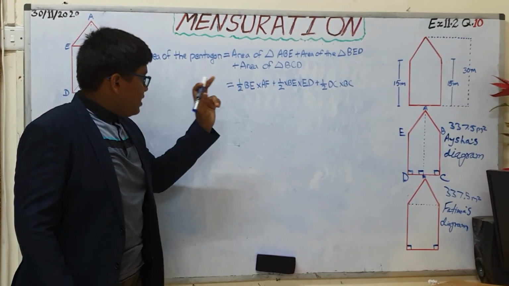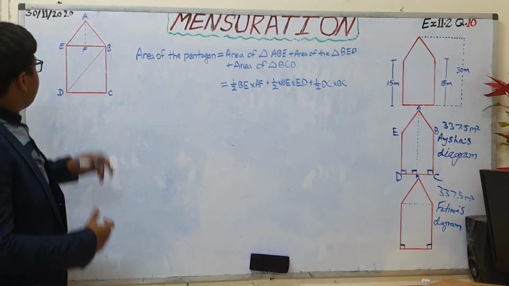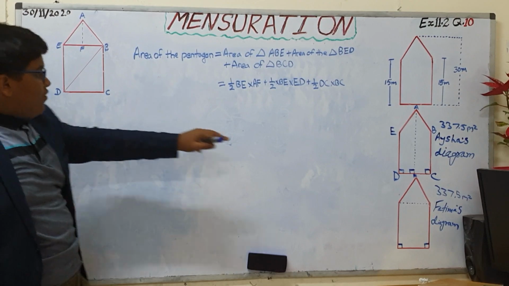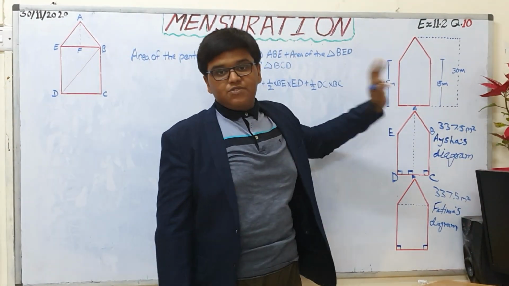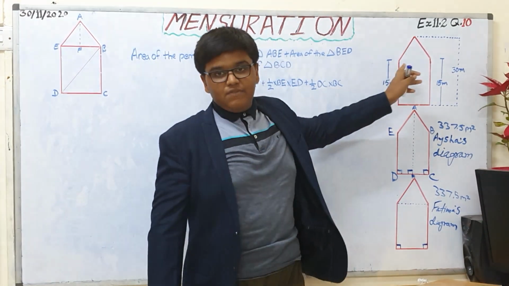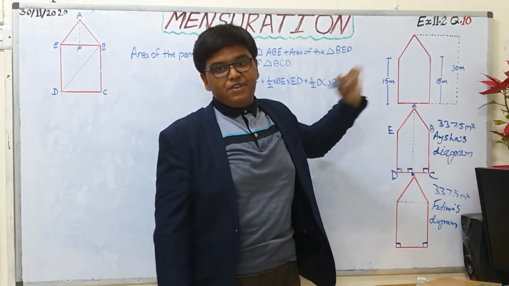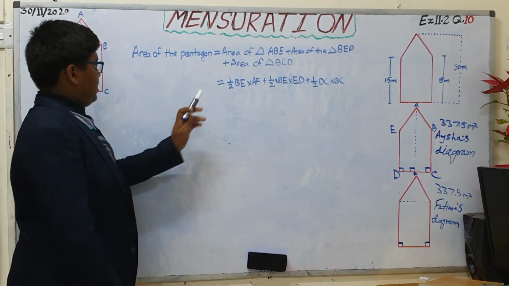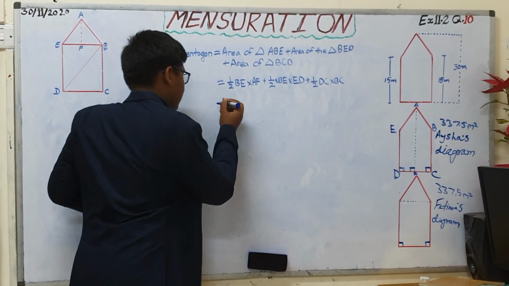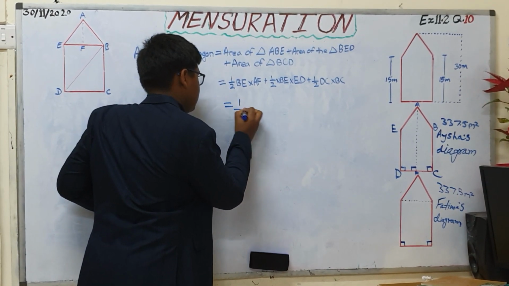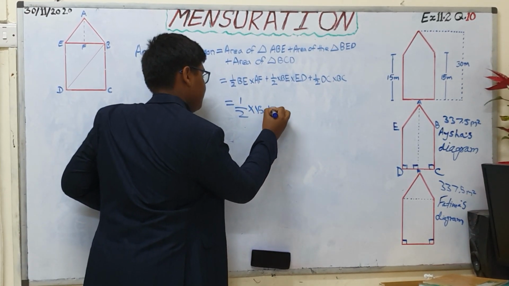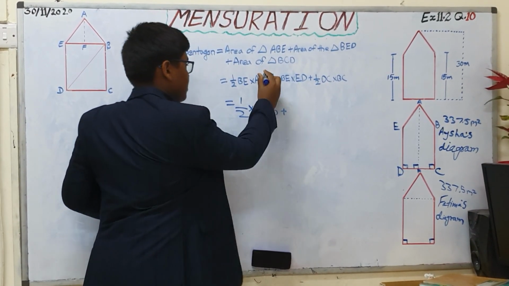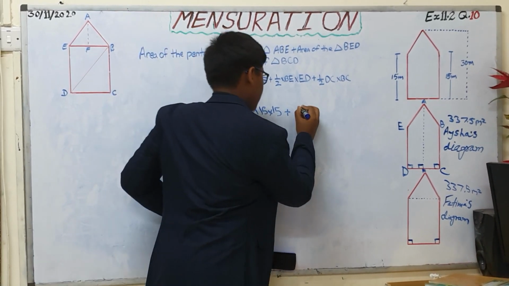Then BE into AF. AF also has the value of 15, since previously we did 30 minus 15, in which we got 15. So this is also 15. I will write it so as not to be confused. Then 1 by 2 into 15 into 15, plus 1 by 2.